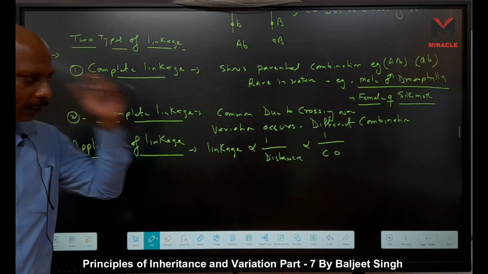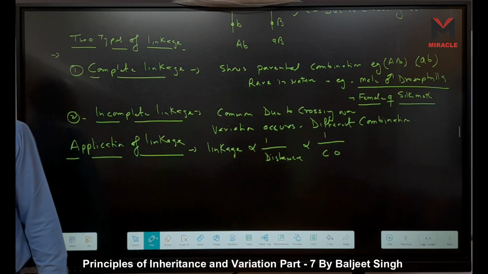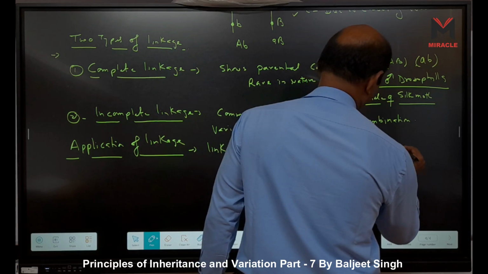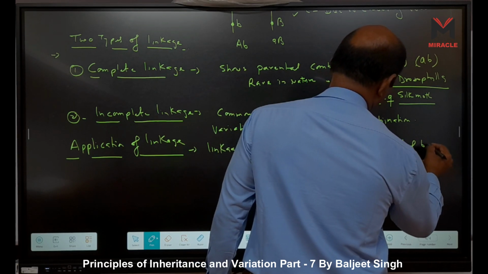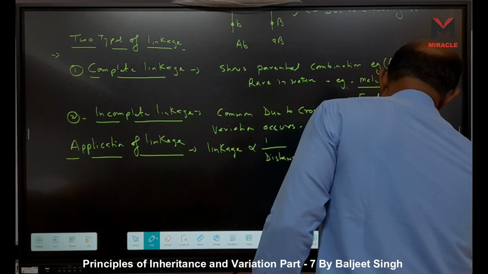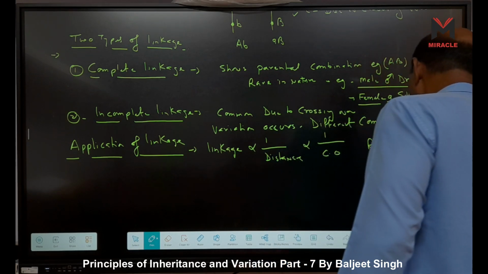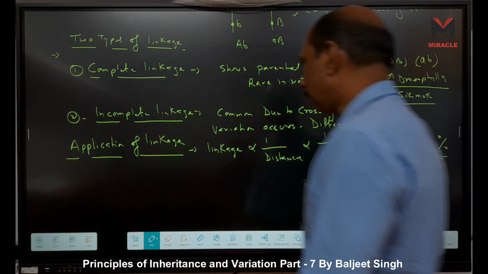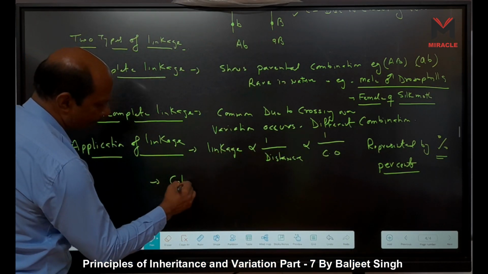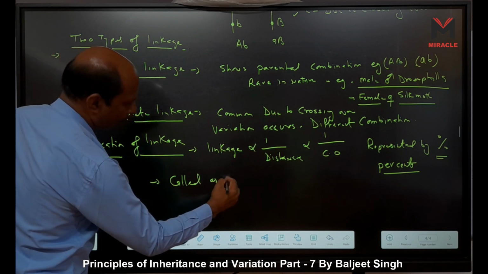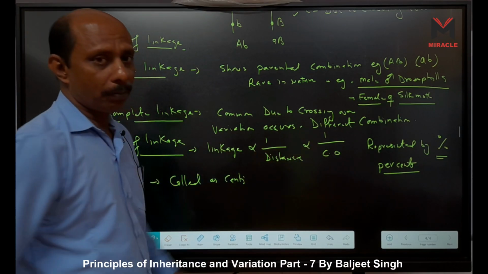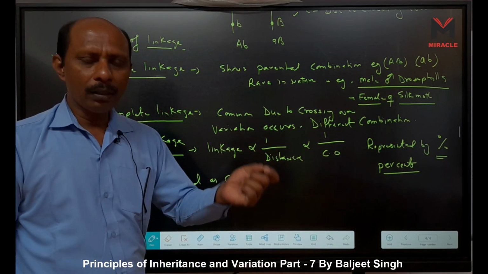Simply we said distance. Distance means what here? Distance is represented by percentage, that is percent, right? And this percent is called centimorgans. Centi means what? Centi means 100, right? Percent means 1 in 100.